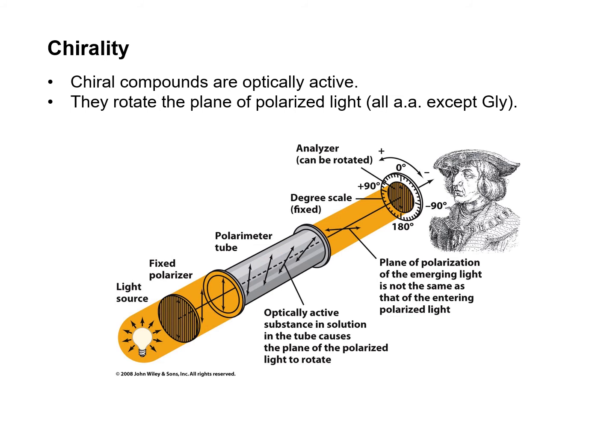In that case, these compounds can rotate the plane of the polarized light. So when you look at it with the analyzer, you can analyze how many degrees this polarized light was tilted or turned. And that happens for all chiral compounds. So that applies to all the amino acids except for glycine, which does not have chirality.